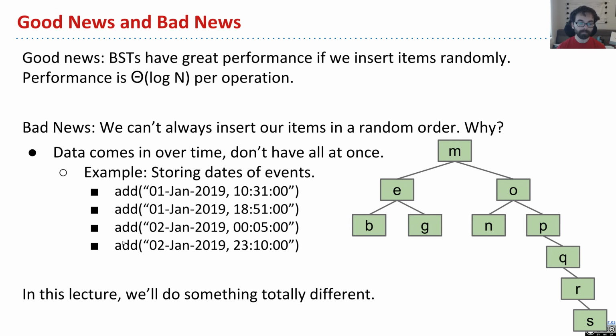These are in order, and so if naively we insert these into a set, it'll end up very spindly. Now this is a bit of a contrived example, but it turns out this is something you really have to worry about. If you're just taking data, it is possible that it's going to come at you in such a way that it causes your tree to become horrible and spindly.